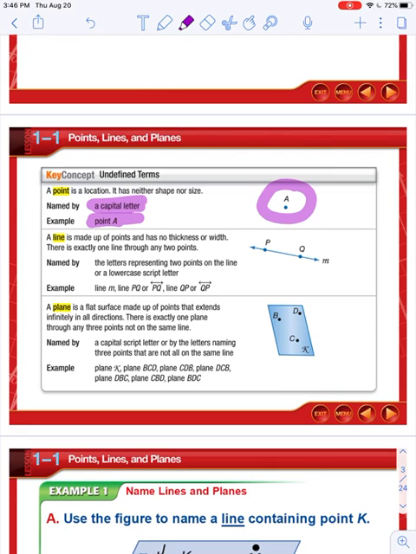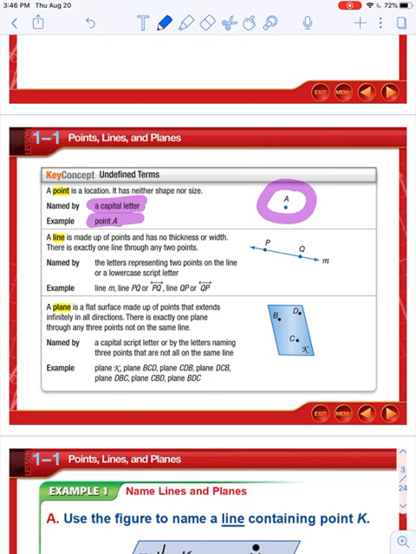A line is made up of points that has no thickness or width. So similarly to the point, we have to draw it with thickness and width, but really it does not. There's exactly one line through any 2 points. So this is the only line that you can make for P and Q. Any other way to connect them would not be a line.